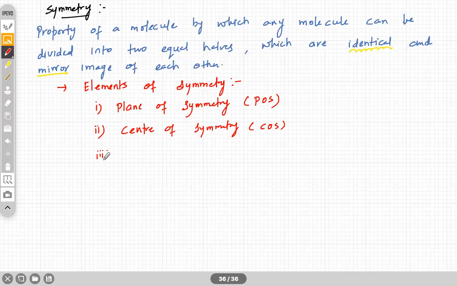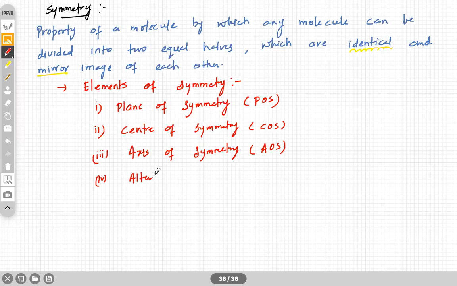The third one is axis of symmetry, we call it AOS. And the last one is alternate axis of symmetry. These four kinds of symmetry can be present in a given molecule. It's not like all four types are present all the time, but any of them can be present, and more than one is also possible in a given molecule.